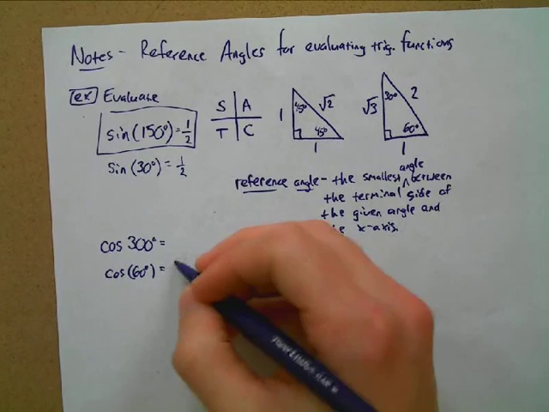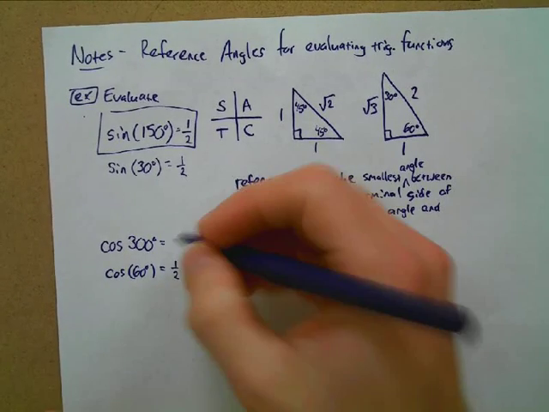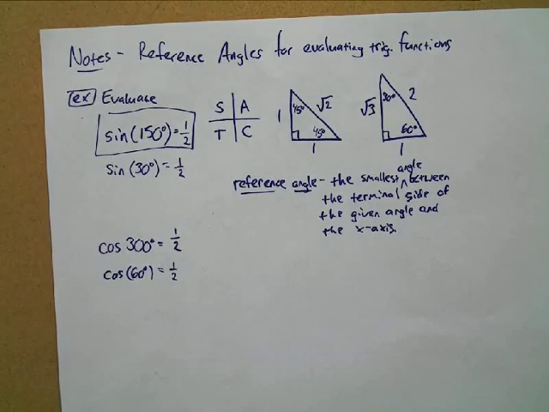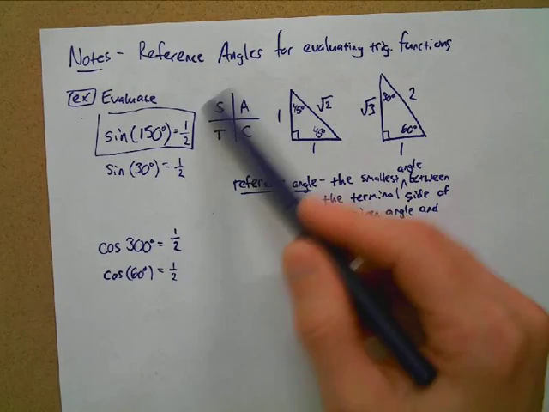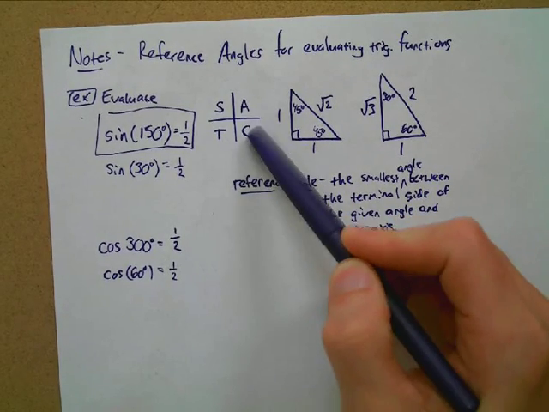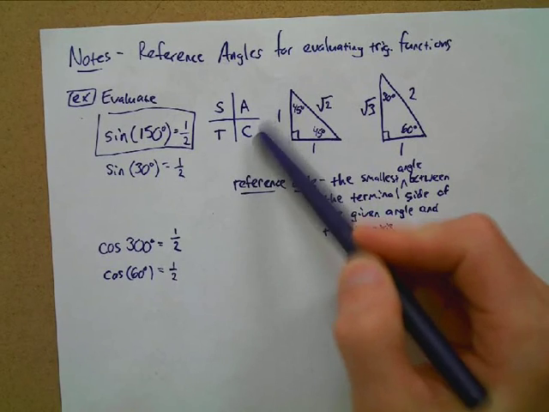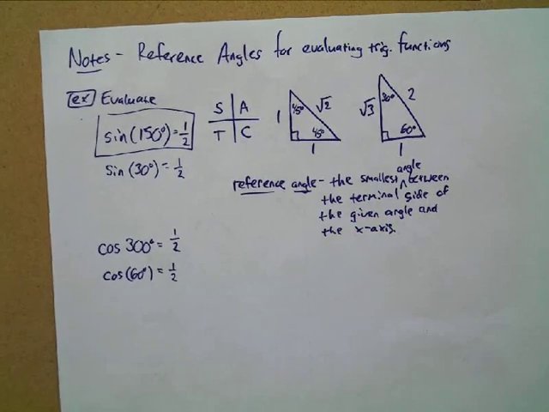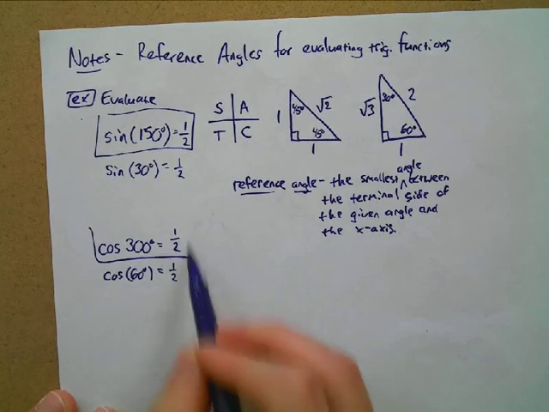It's greater than 270 but less than 360, so it's right in here. Cosines are positive in the 4th quadrant. So cosine of 300 degrees is 1/2.